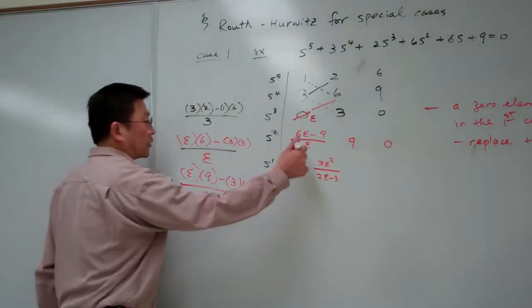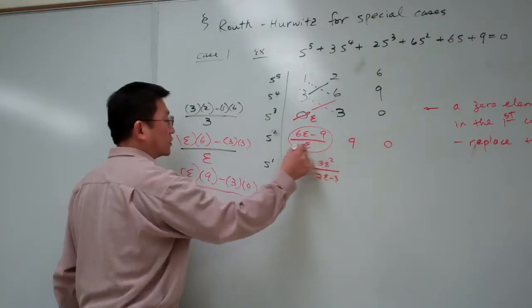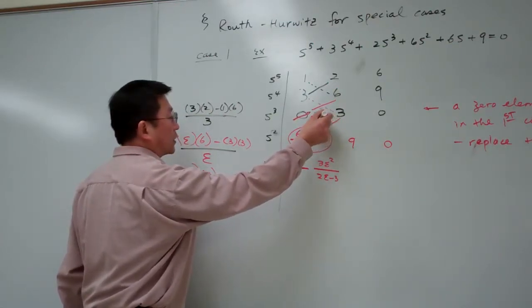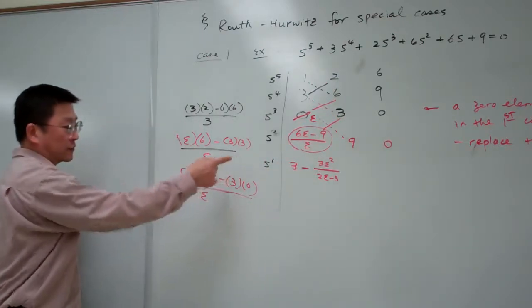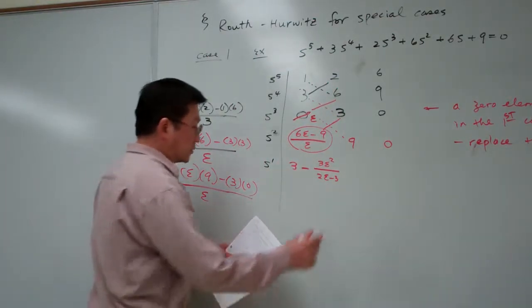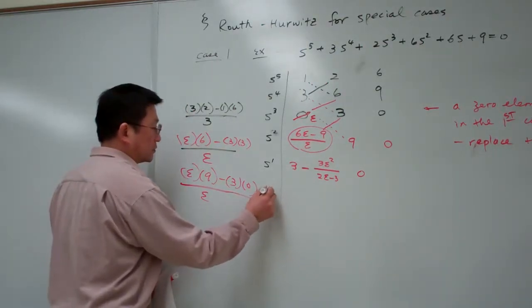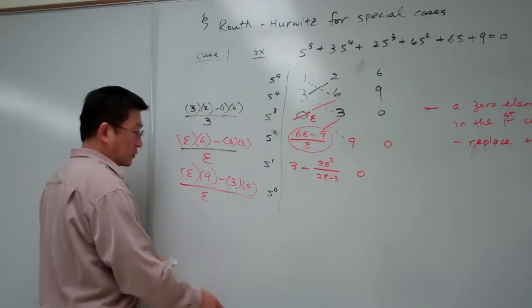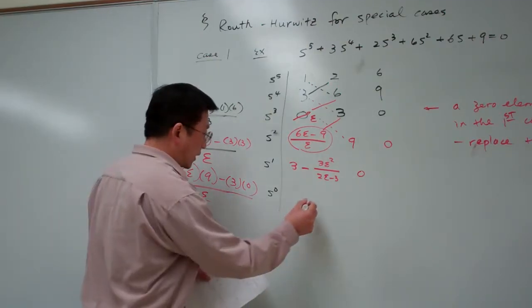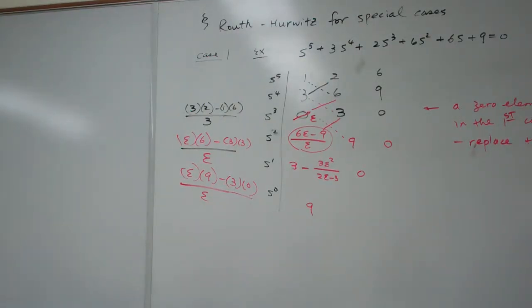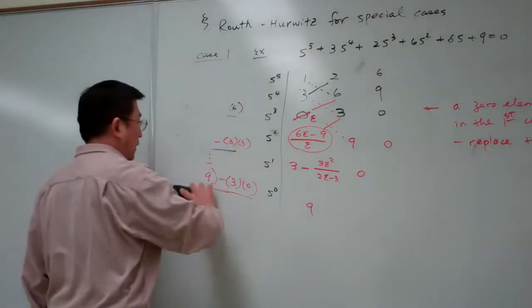Again, how do we get this number? Simply using this as the denominator and the numerator as the multiplication of the two numbers minus the other two. Then we go to s^0 here, and that one will be equal to 9. Keep in mind, epsilon is a small number.